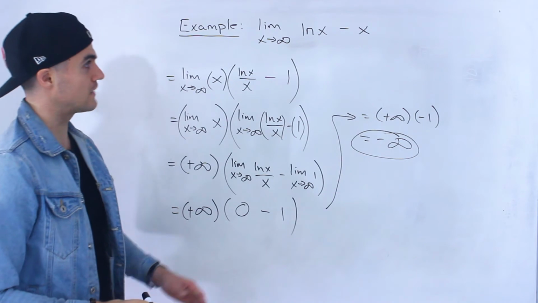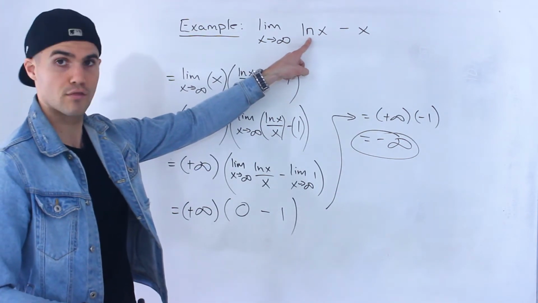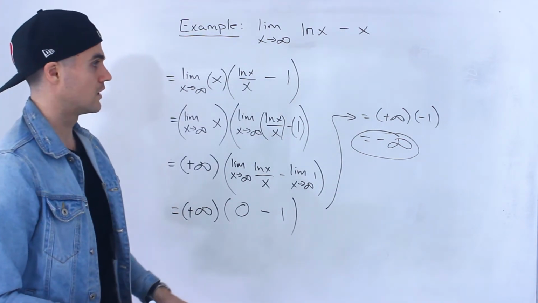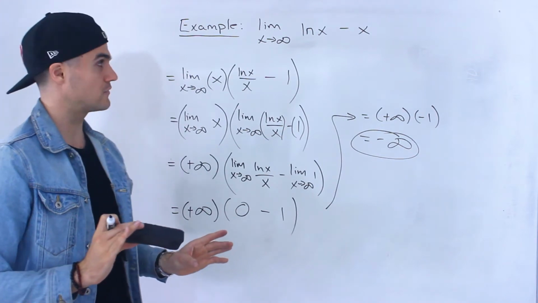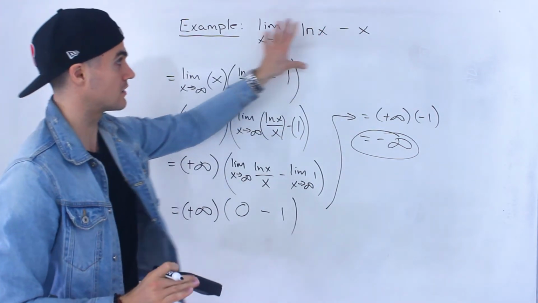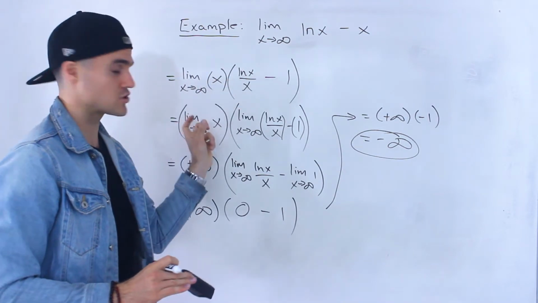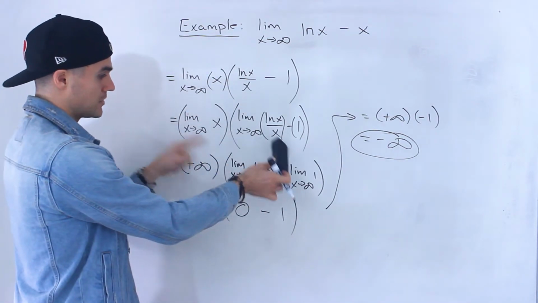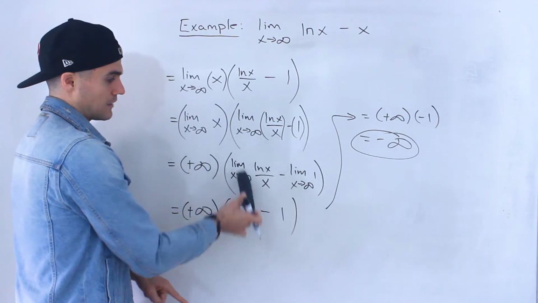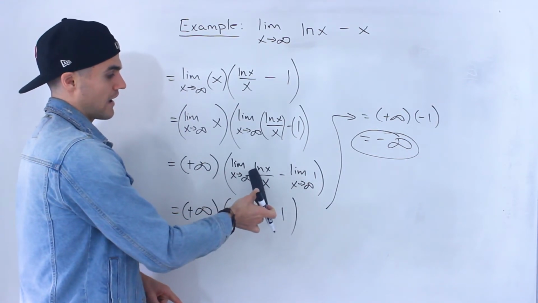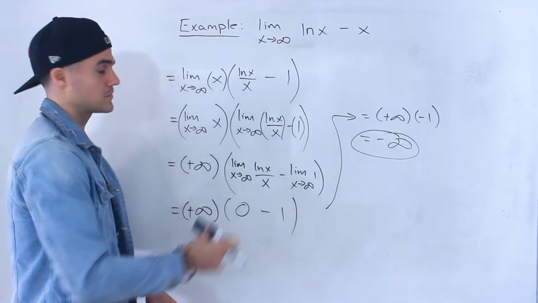And so that's the final answer for this limit over here, right? So a bit of a unique strategy that we haven't covered yet. We actually had to factor something out. We factored out an x, and then we ended up with these two expressions that were multiplying, properties of limits again, and then we had to deal with this ln x over x, this limit here, using L'Hospital's Rule.